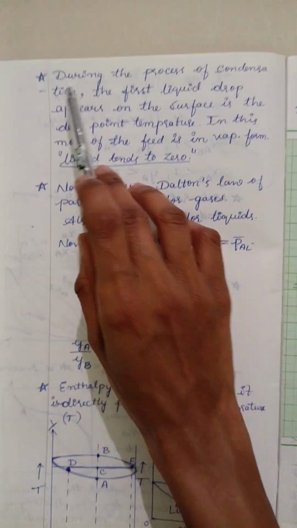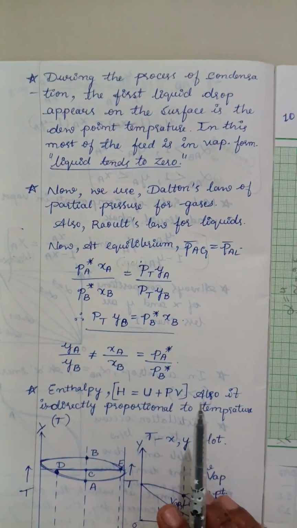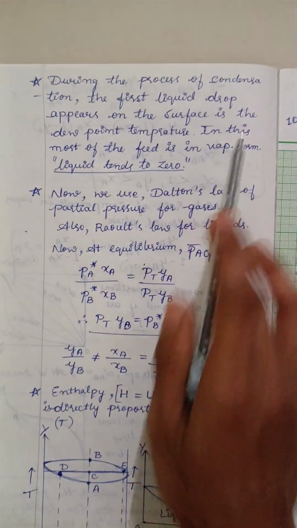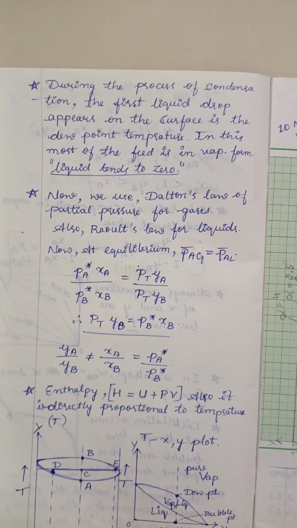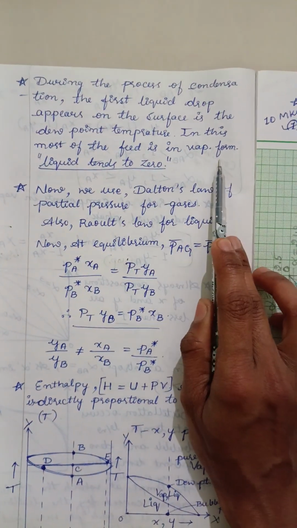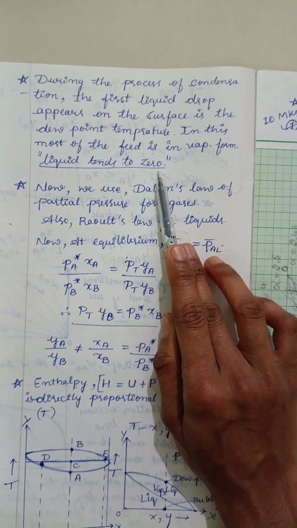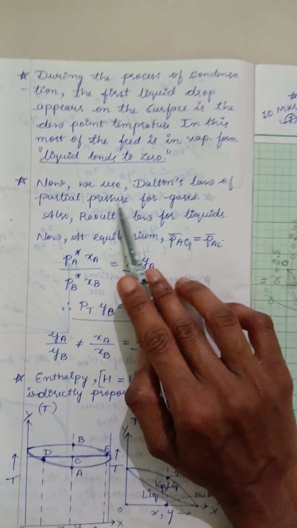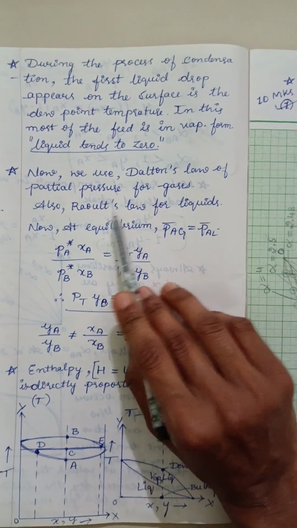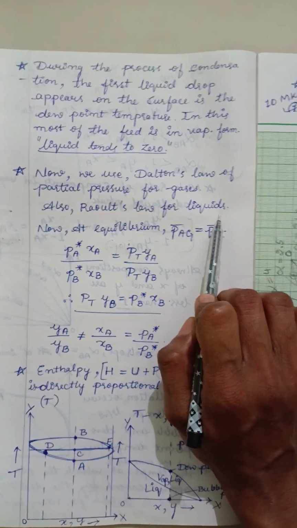During the process of condensation, the first liquid drop appears on the surface at the dew point temperature. In this, most of the feed is in vapor form and liquid tends to 0. When the feed is in vapor form, the liquid tends to 0, meaning there is no liquid present. Now we are using Dalton's law of partial pressure and Raoult's law for the liquids.